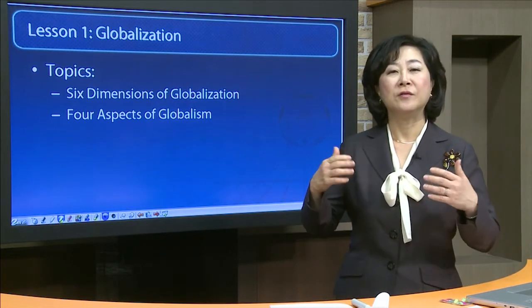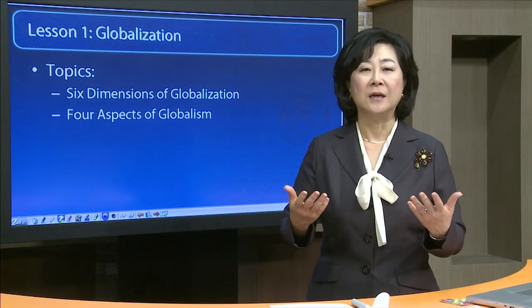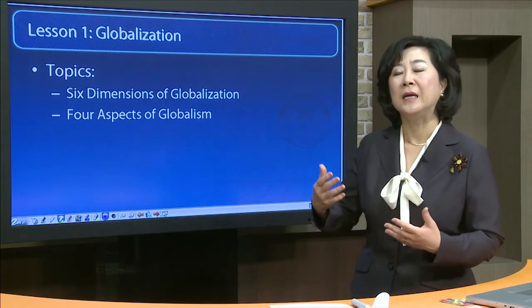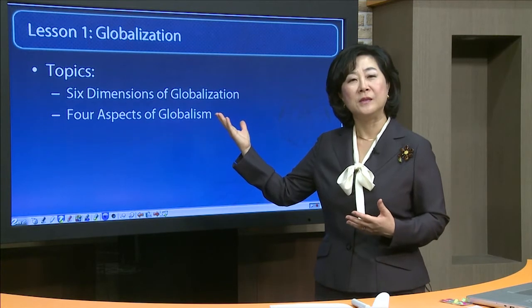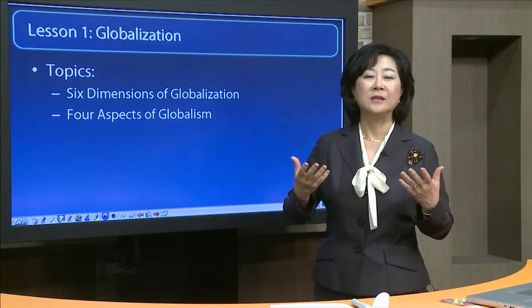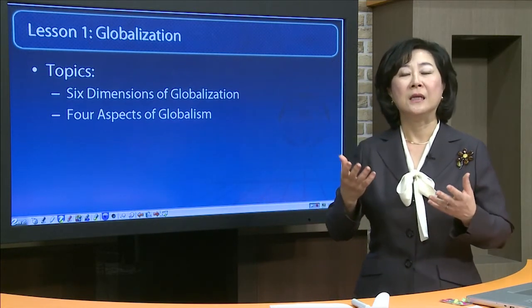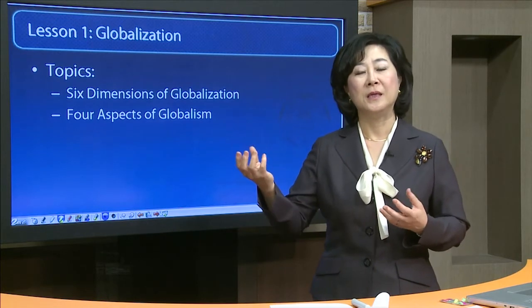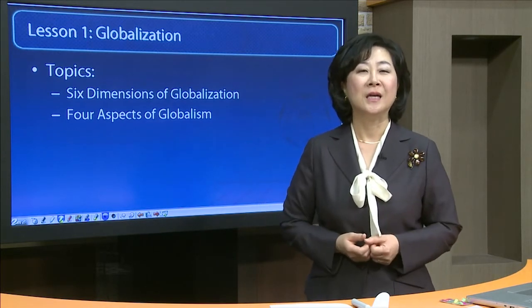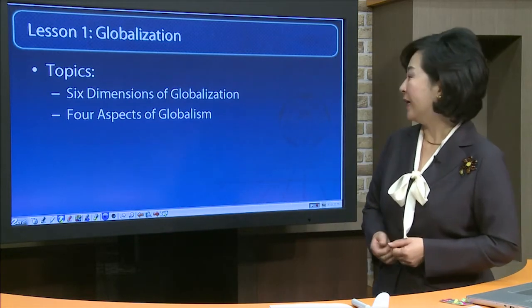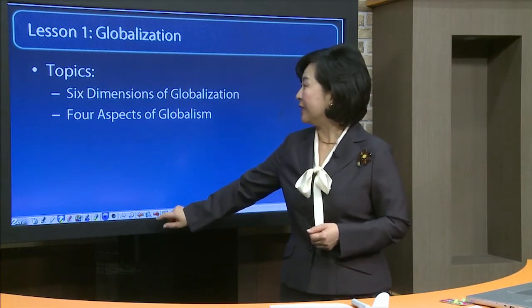But she may not have changed her thinking or her lifestyle. In that case, we would say that she has been exposed to globalization, but not really globalized. So we're going to try to understand the differences between globalization and globalism. And that's what we're going to talk about during this lesson.